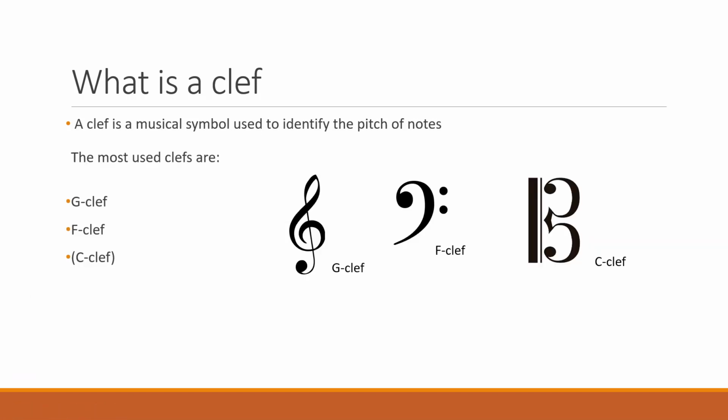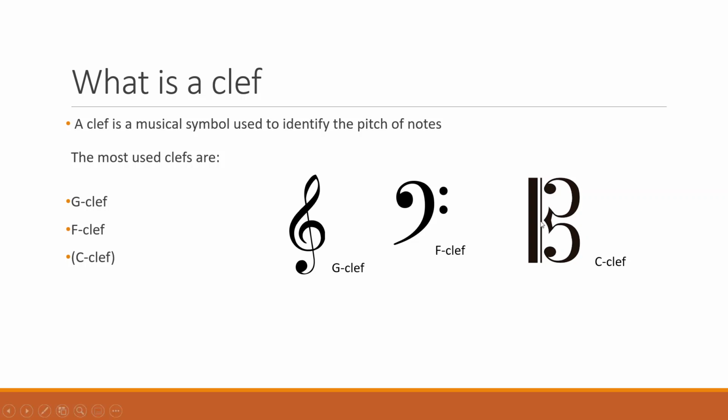It is a music symbol used to identify the pitch of notes, and the most used clefs are the G clef, also referred to as the treble clef or violin clef. Those three things are the same thing. This you can call G clef, or violin clef, or treble clef. Three names for the same thing. You also have F clef, also referred to as the bass clef. So F clef, bass clef, again, same thing.